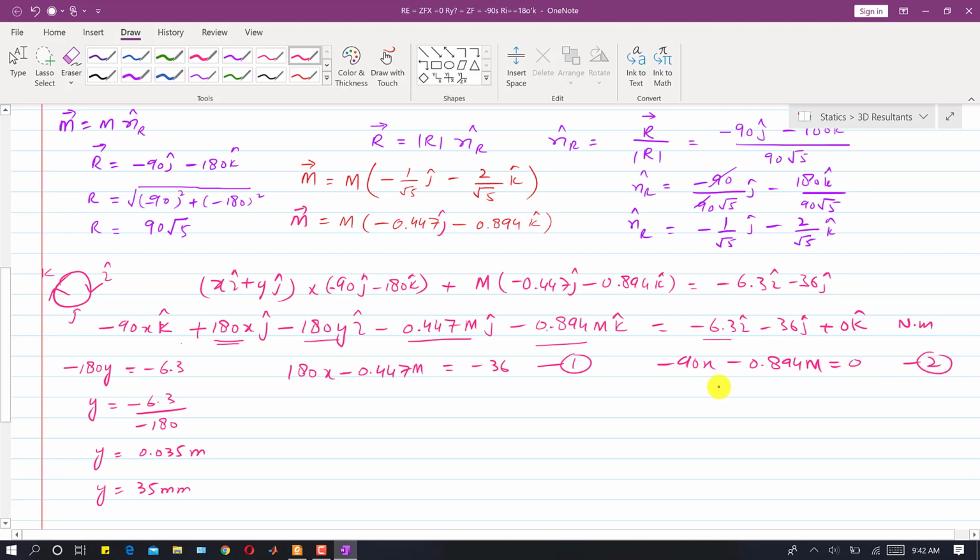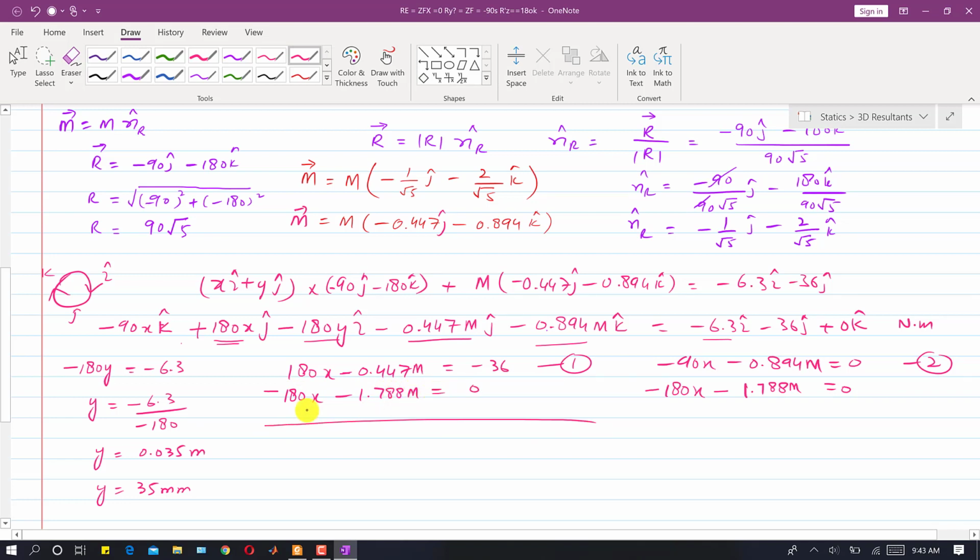So now if I multiply this equation number 2 with 2 and then add with this equation, if I multiply this with 2, this will become minus 180x and this will become minus 1.788M equals to 0. And now if I add this equation with this one, if I write it here, this will be minus 180x minus 1.788M equals to 0.